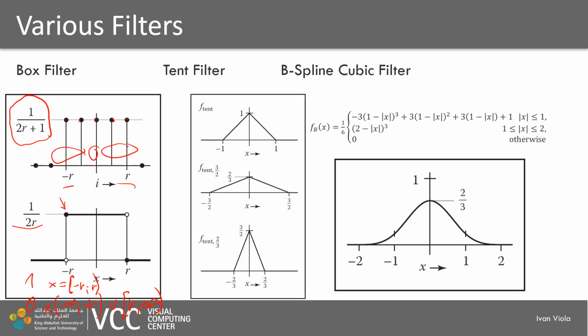We want only 1 integer location value to contribute to this box filter type of reconstruction, which is a very crude reconstruction, but in order for it to work properly, we need to have an open interval.